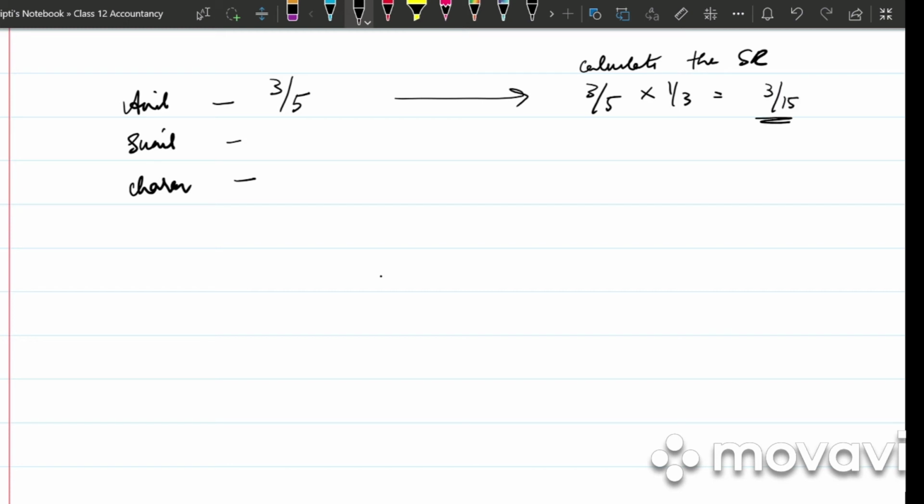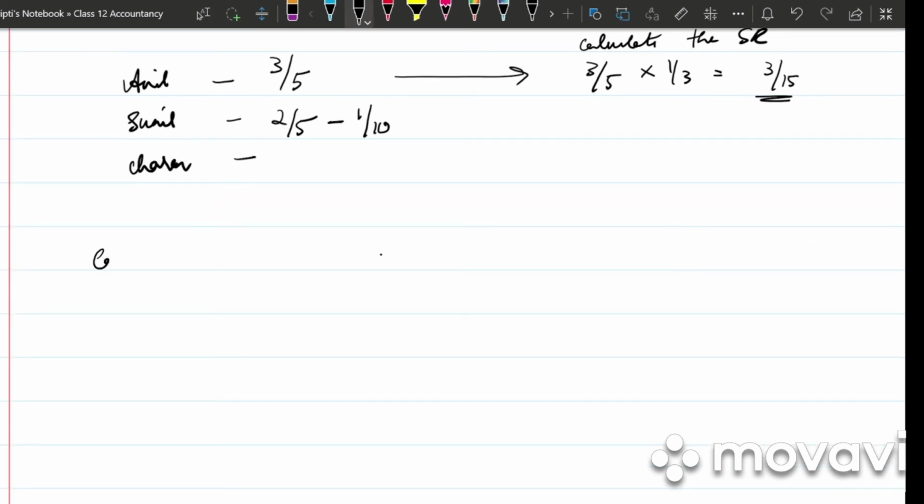So how much is his sacrifice? 3/15. What about Sunil? His ratio is 2/5, and from 2/5 he has given 1/10 share. So from it, 1/10 we need to deduct. Why are we deducting? Because from 2/5 he gave 1/10 of the share to Charan.